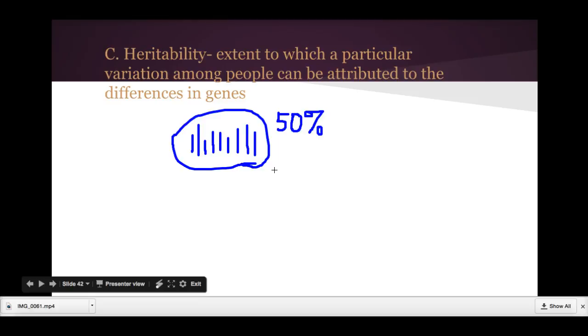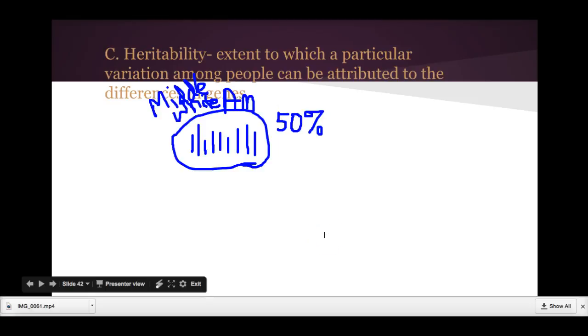So when we talk about a group of people, maybe we're talking about a group that are all middle-class white Americans. In that case, I can say that the heritability is probably going to go up.